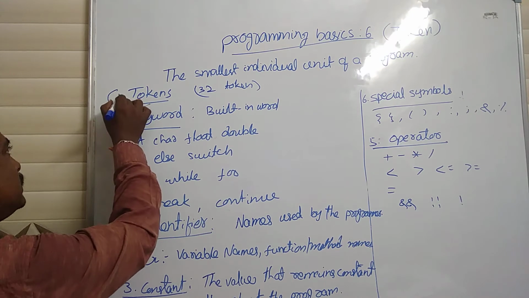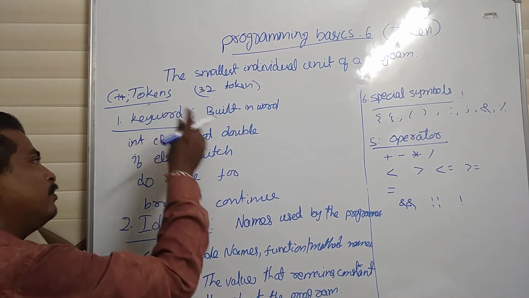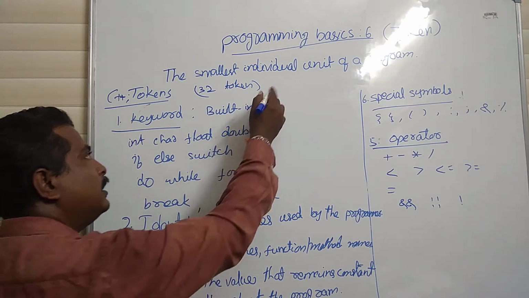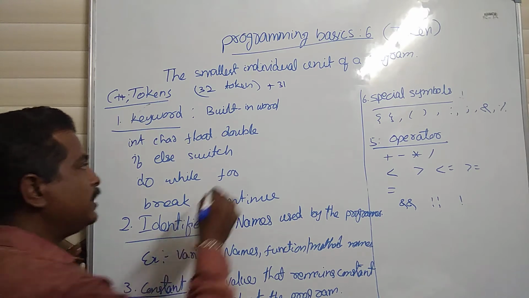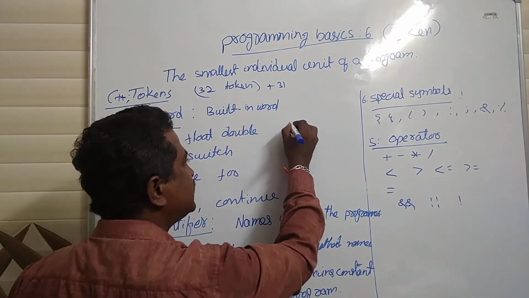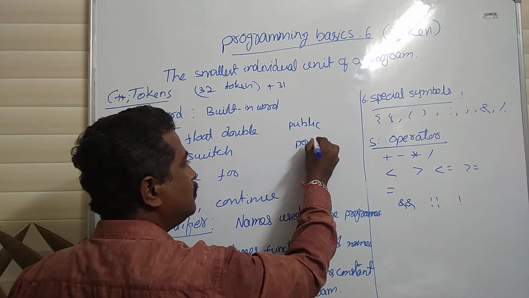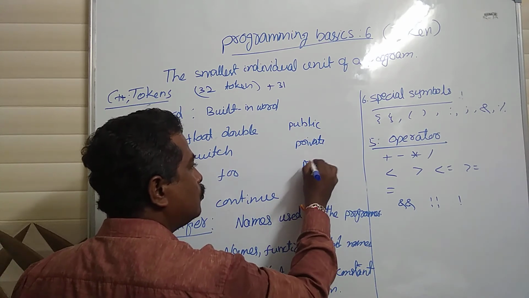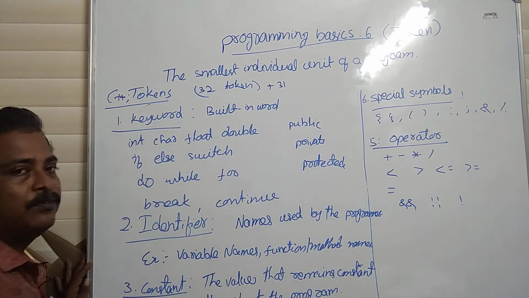When it comes to C plus plus, those 32 keywords are there. Extra 31 keywords are added here, just like access specifiers, public, private, protected. Those who are not there in C but added in C++.